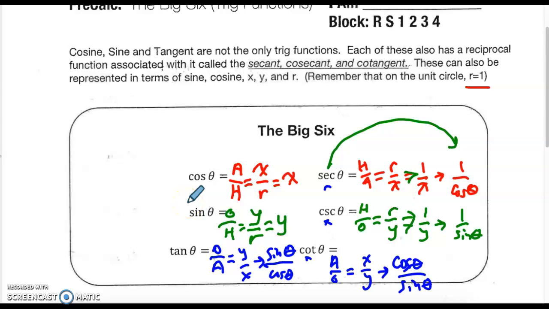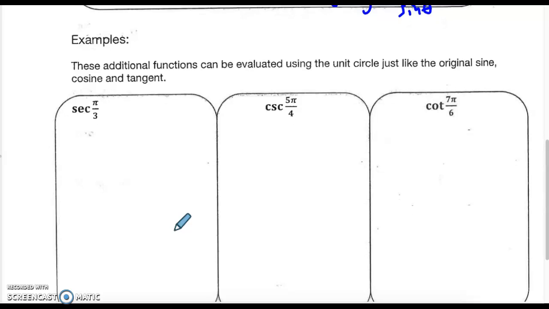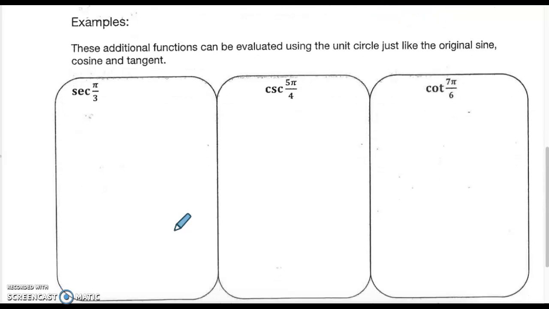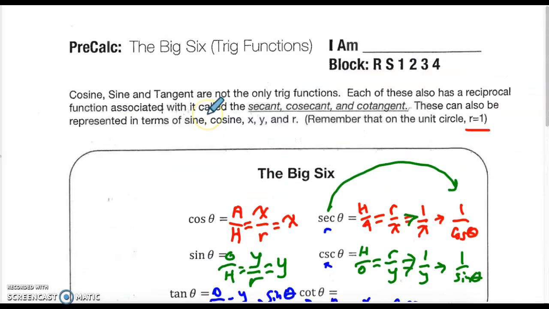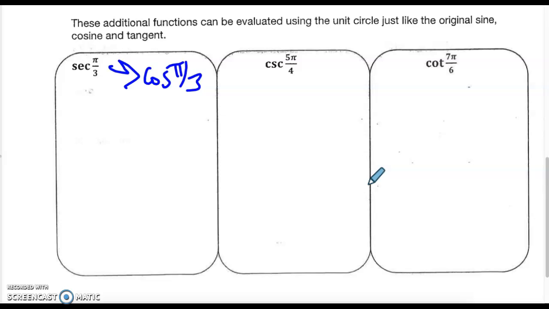So we're going to try a couple. I'm on the bottom of this page. Secant. The first thing I would do is find what the cosine of pi over 3 equals, because secant, as I scroll up, is the reciprocal of cosine. It's 1 over cosine. And this is where the unit circle comes in.